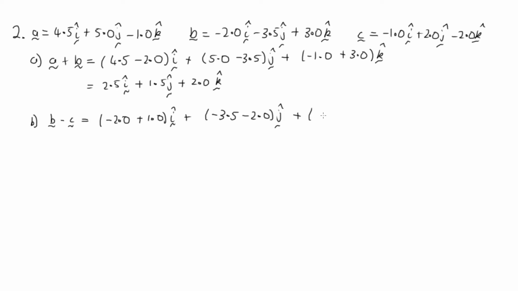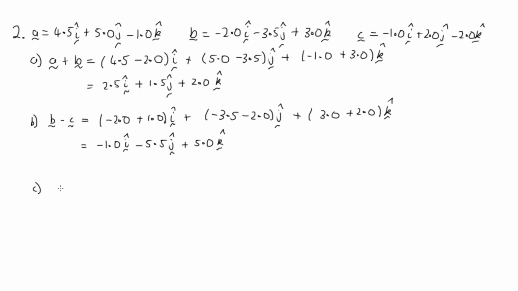And then in the k direction, we've got 3.0 minus 2, so that's plus 2.0k. And so now we just solve what's in the brackets. So this is minus 1.0i minus 5.5j plus 5.0k.